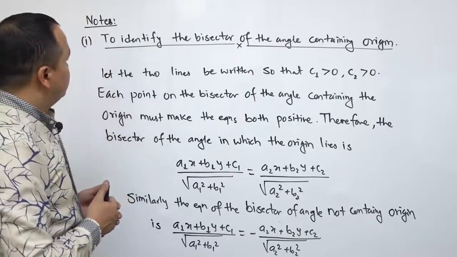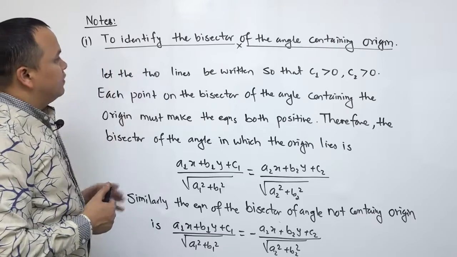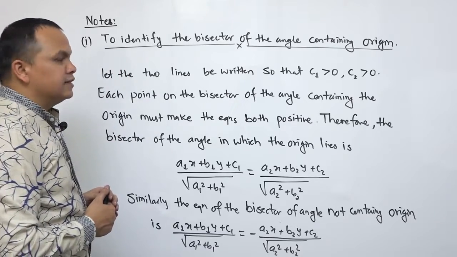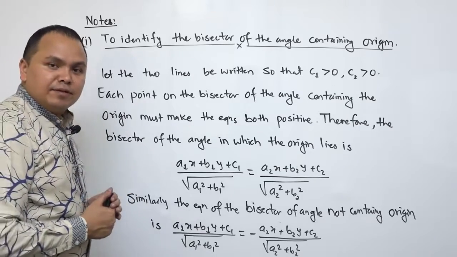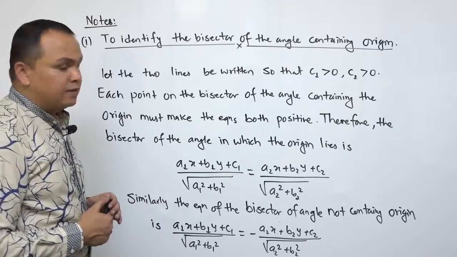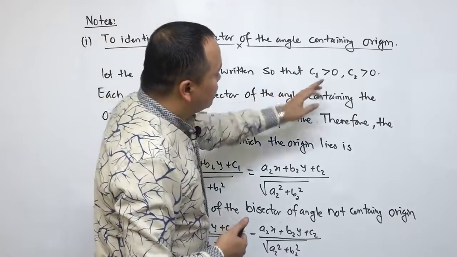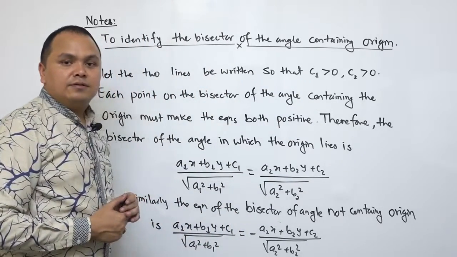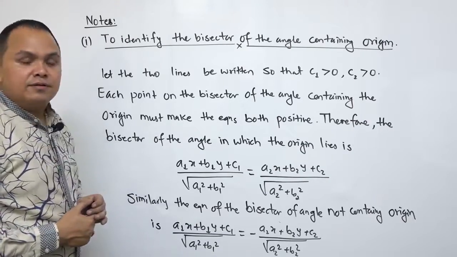Okay, we have two important notes. One is to identify the bisector of the angle containing the origin. दुईटा bisector मध्येमा कुन bisectorले origin लाई contain गर्छ? First of all, let the two lines be written so that C1 is positive and C2 is again positive. Given line को constant termलाई positive बनाउने.